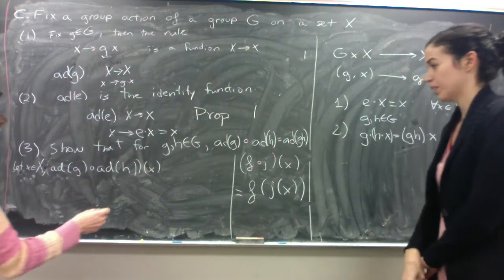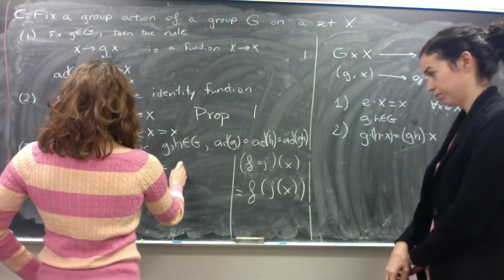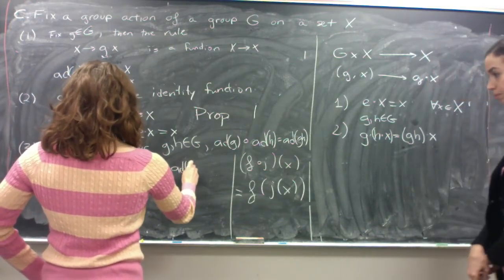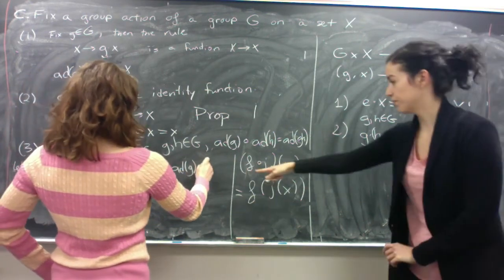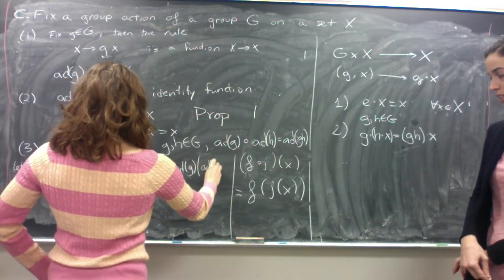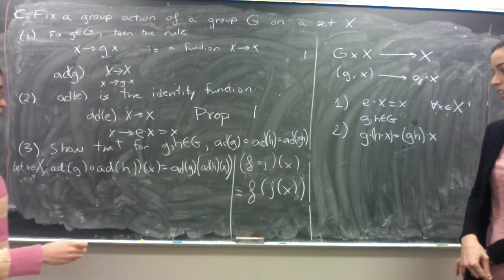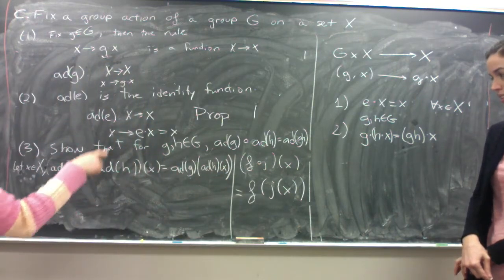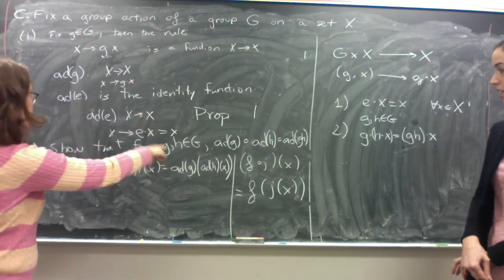So I think what that means here is that we're doing add of g, which is a function, so that should be your f, evaluated at add of h of x. But we know how to compute add of h of x because that's what this rule is.